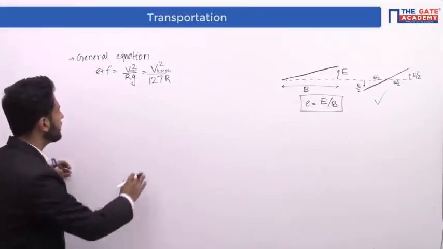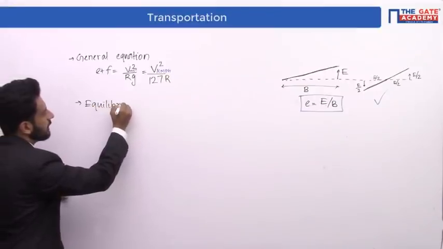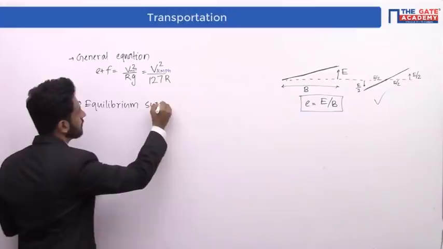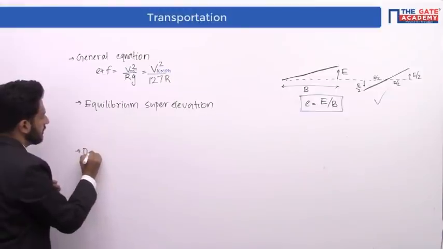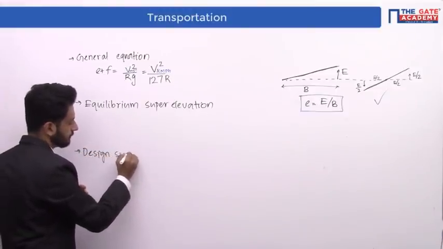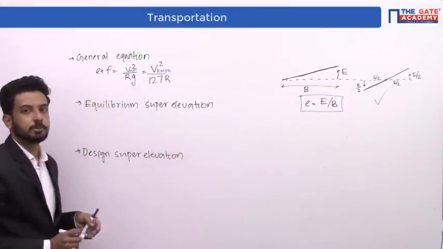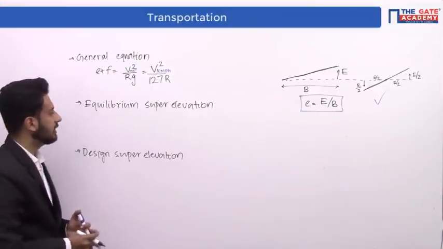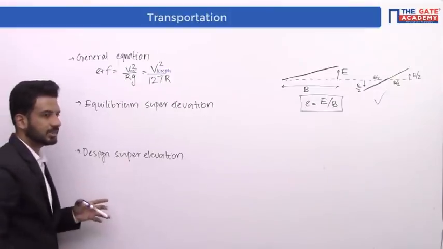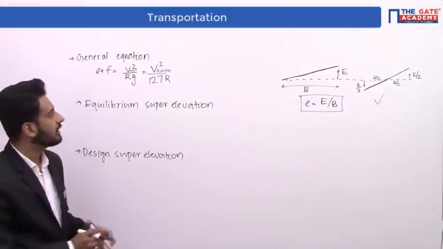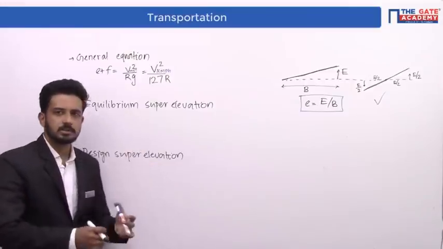We have two terms: equilibrium super elevation and design super elevation. What is the difference if they mention equilibrium super elevation, and what is the difference if they mention design super elevation? Instead of simply telling us to find the value of super elevation, they will use some difference.